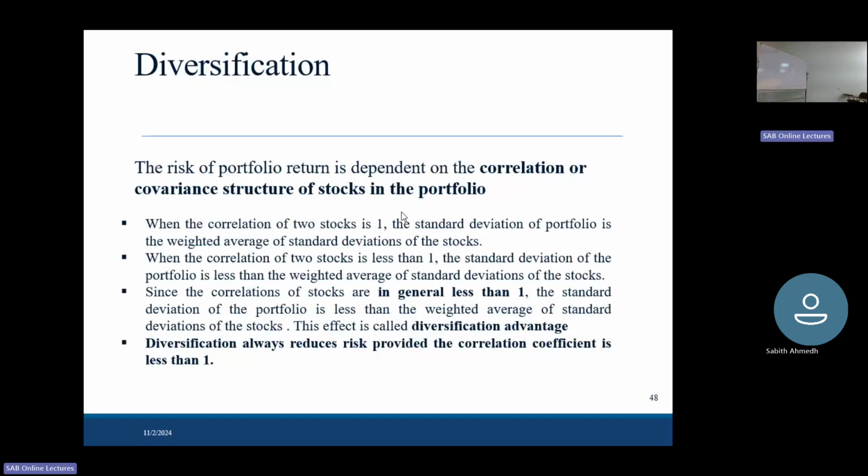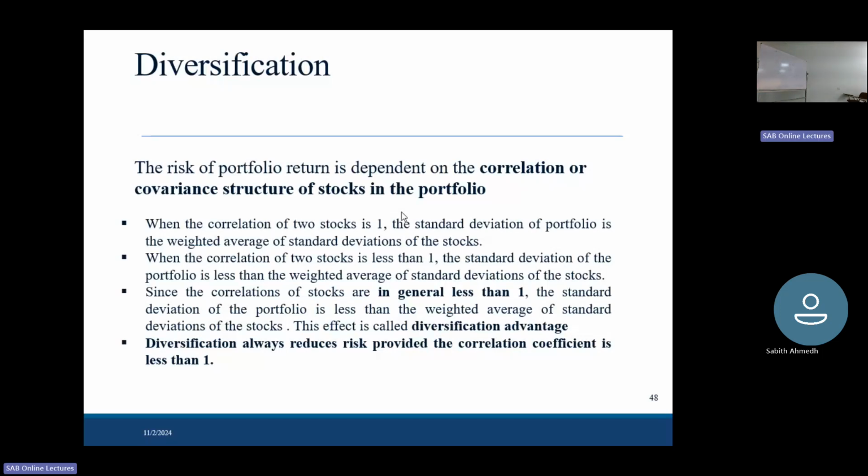If the correlation coefficient of the two stocks is exactly 1, right? If correlation coefficient is equal to 1, portfolio standard deviation is equal to the weighted average standard deviation value. Remember, if it is equal to 1, it is perfectly positive.